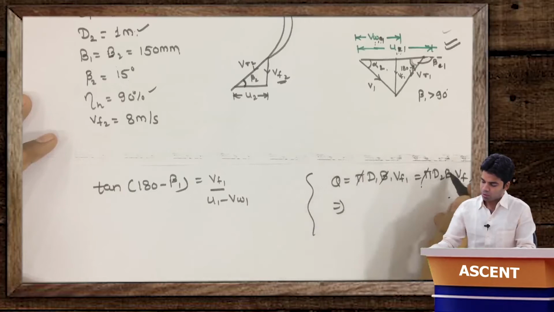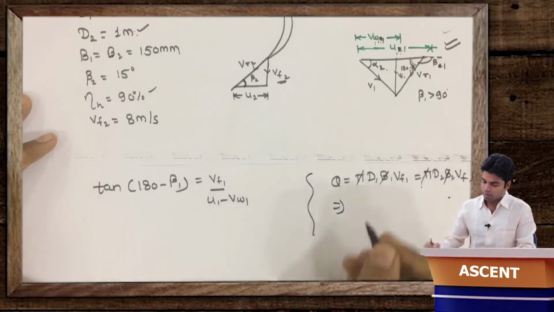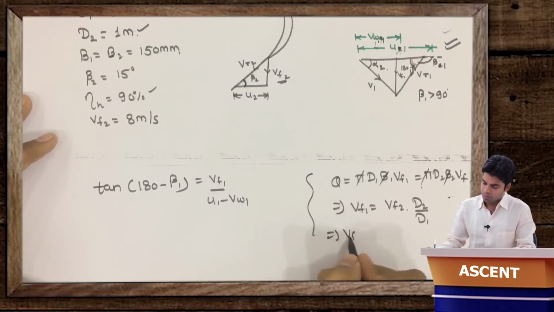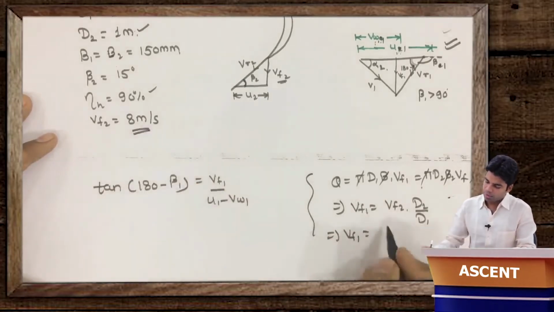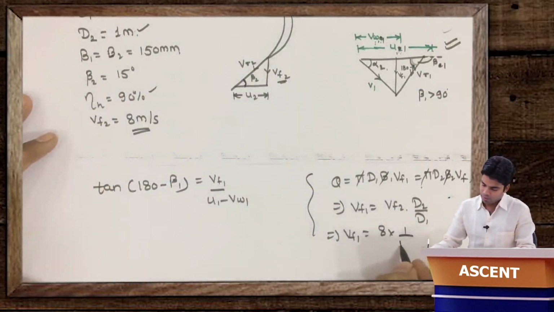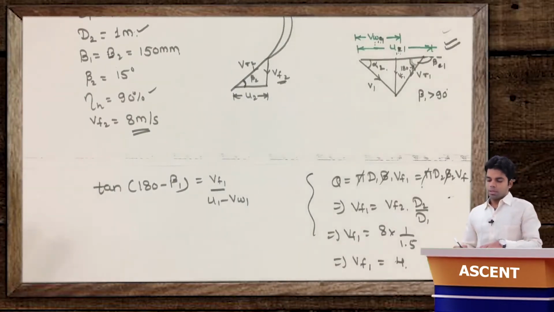Width is also constant, so b1 and b2 will be cancelled out. So vf1 is equal to vf2 into d2 by d1. So just put the value. vf1 is equal to vf2, which is 8 meter per second, into d2 by d1, which is 1 by 1.5. So from here vf1 will be equal to 4. Getting this?